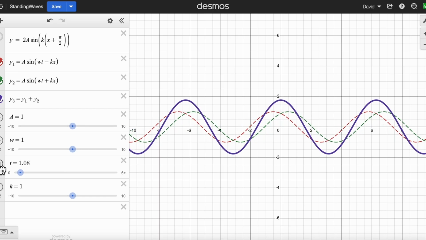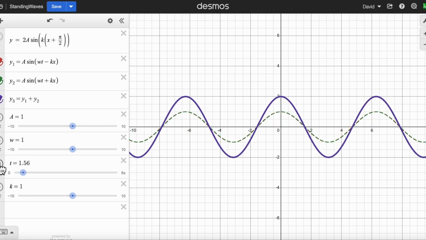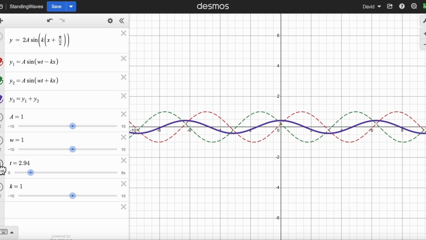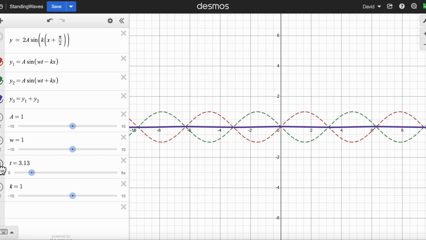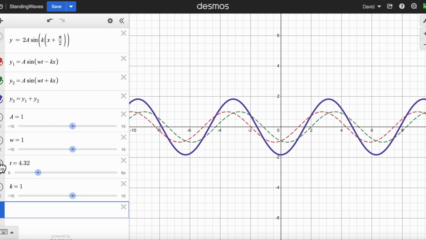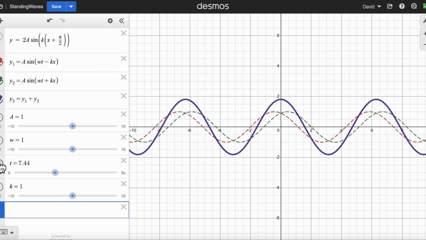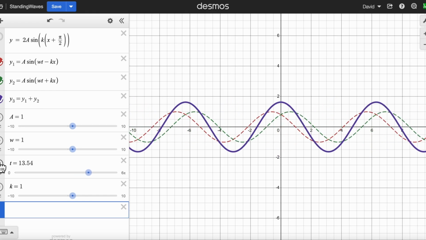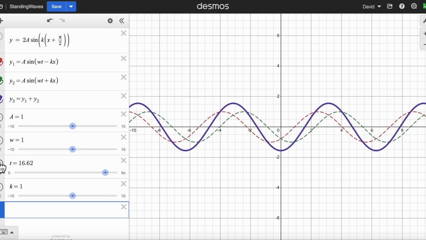You can see how the red and green waves slide past each other, perpetually alternating between being in phase, resulting in a doubling of the height of the peaks and the troughs of the purple wave, and then keep on going until they're out of phase, resulting in a snapshot where the purple wave is completely flat. Running this at regular speed, you can see how various points in the medium move up and down vertically, but the resulting purple wave itself does not move horizontally.